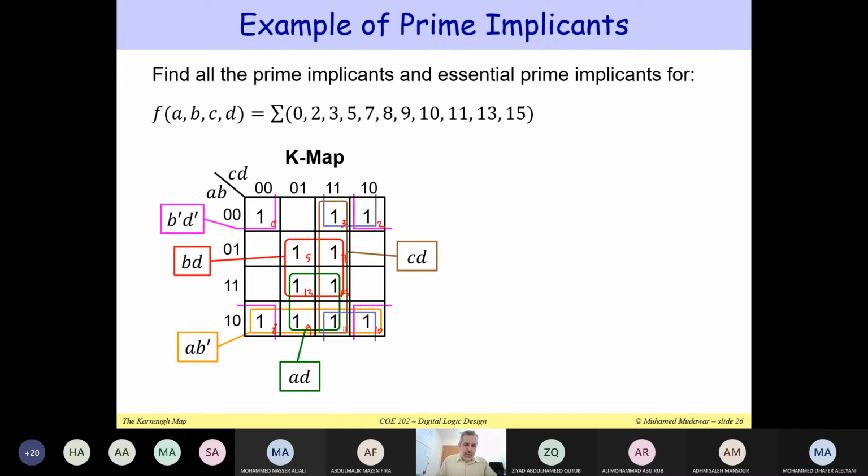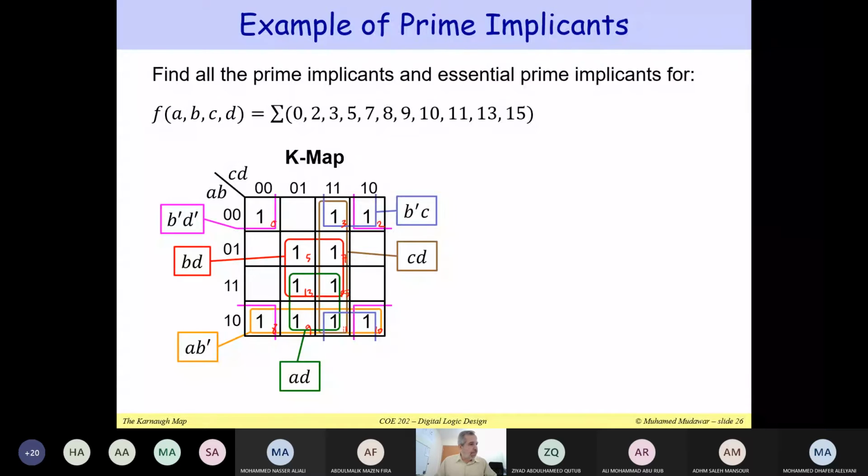And we still have one more, which is this one: 3, 2, 11, 10. Somebody mentioned this before, as I remember. Can you tell me what's the term for this one? B equal to 0, so B prime and C. Yes, B prime and C.